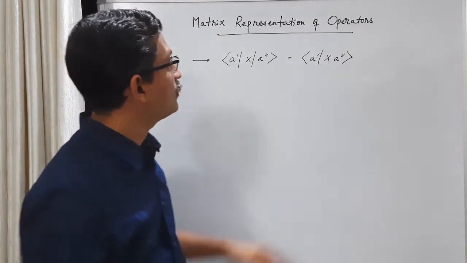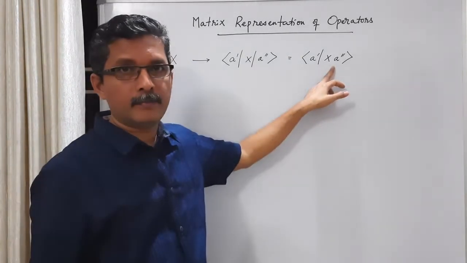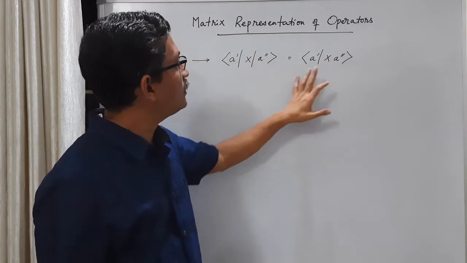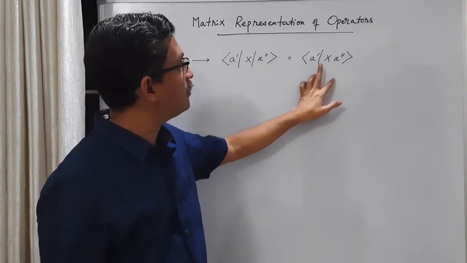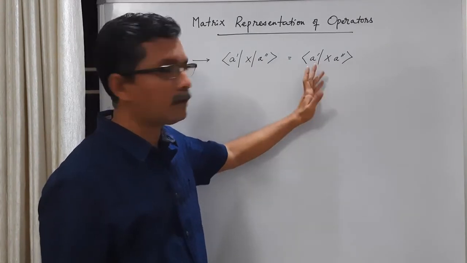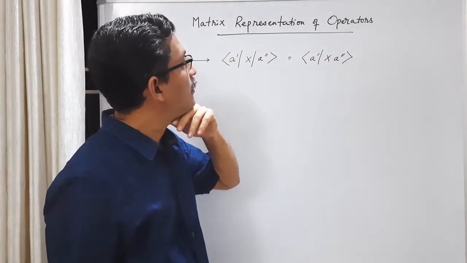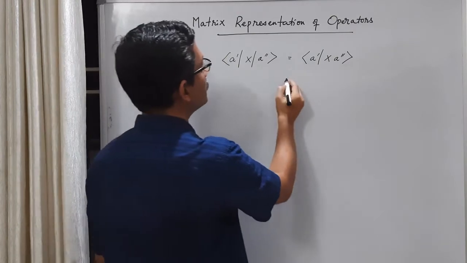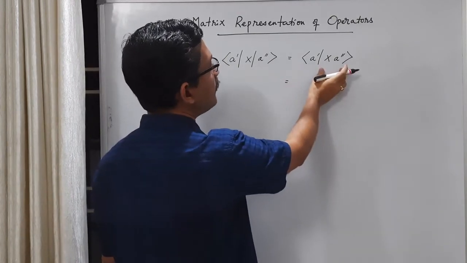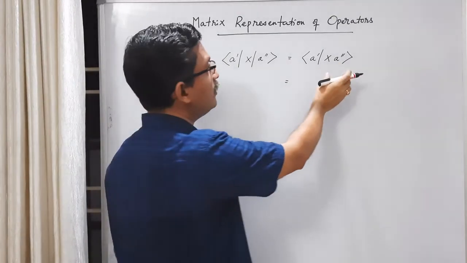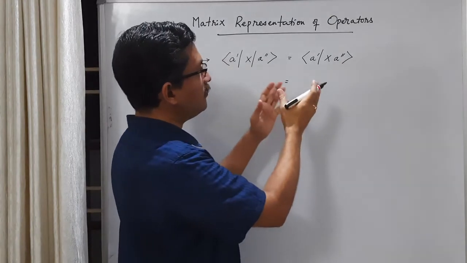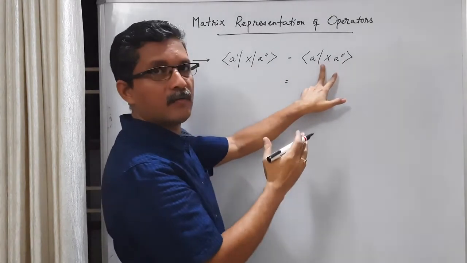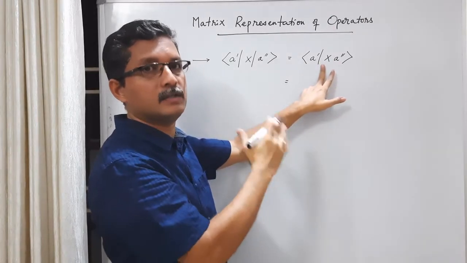Okay, this is the modified base vector x a double prime. Now let us change the order. So when you change the order of the two vectors, what happens? This will become a bra vector. That means when this ket vector becomes a bra vector, we are basically taking the adjoint.